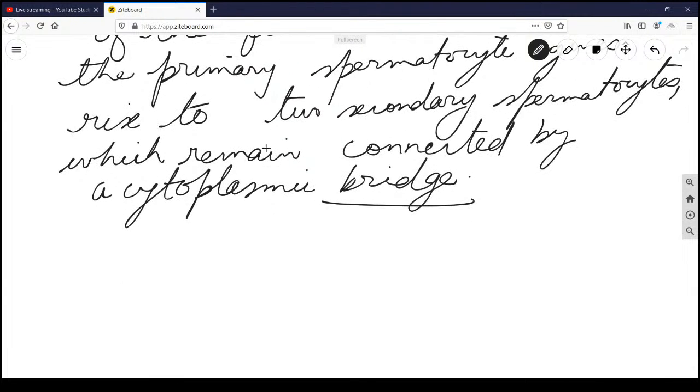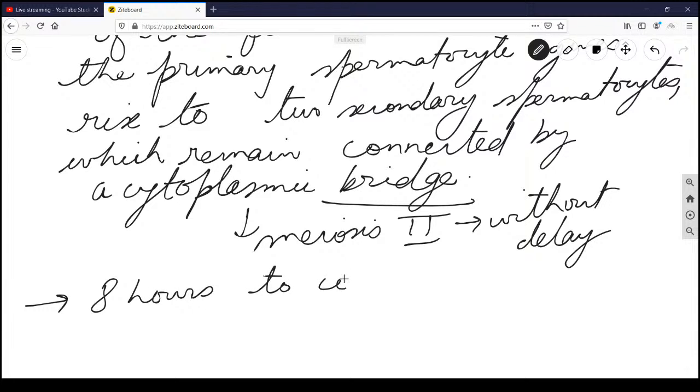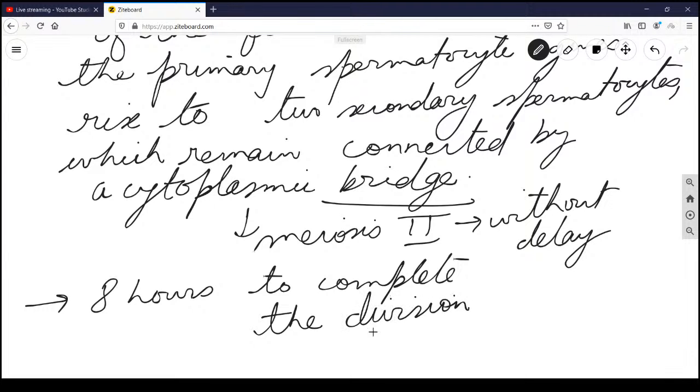So it enters meiosis 2 without delay and only takes 8 hours to complete the division.